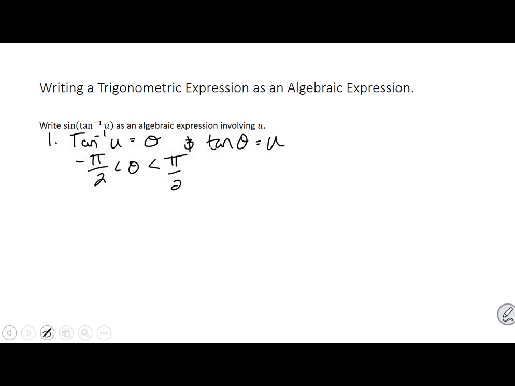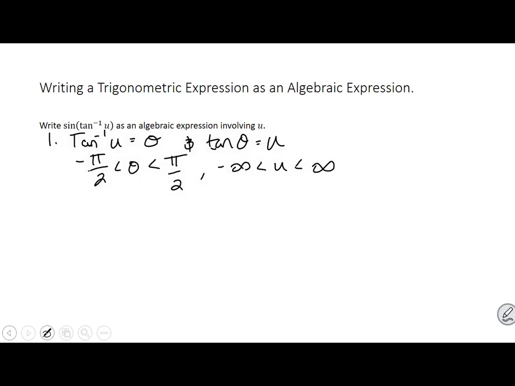This helps when you have multiple answers and you are confused about which answer it is, and that's going to change depending on what quadrant you're in. So this will define where you're at as far as a quadrant goes, which will help you out later on. And also by the domain of the inverse tangent function, we know that u is negative infinity to infinity.